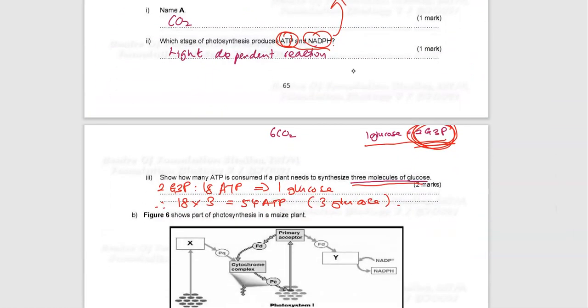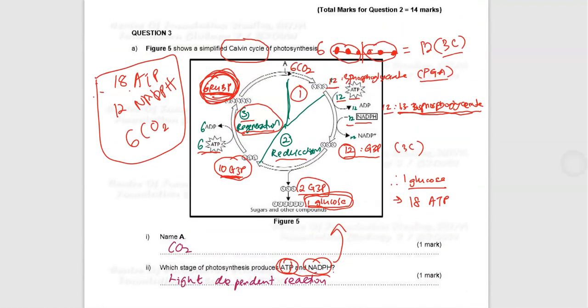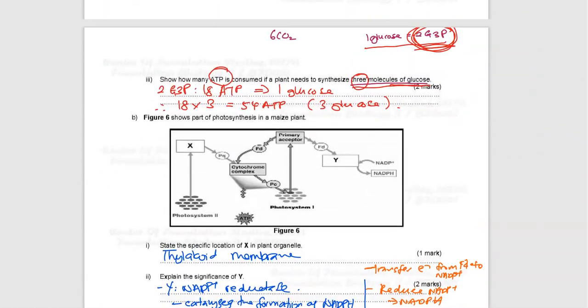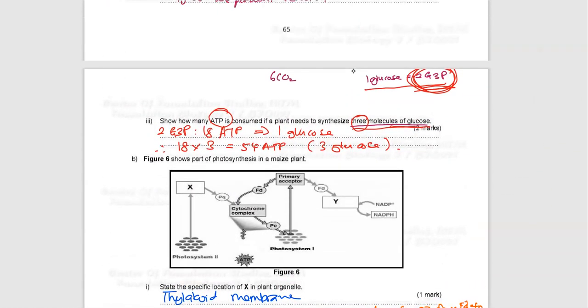Soalan ni dia tanya untuk 3 glukos kan? So, berapa banyak ATP yang diperlukan? Awak dah tahu kan tadi, 1 glukos dia perlukan 18 ATP. So, to produce 2 molecules of G3P, the Calvin cycle will use 18 ATP molecules to produce 1 glucose.